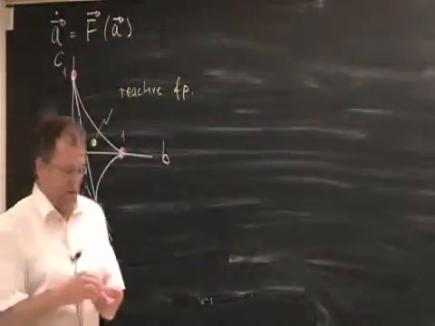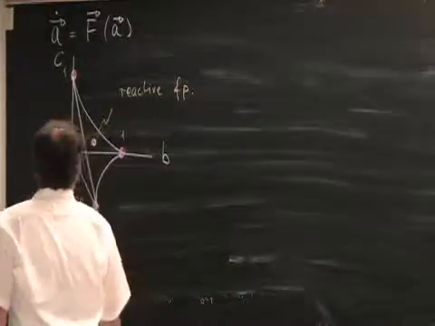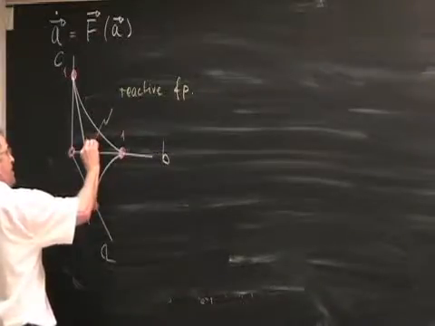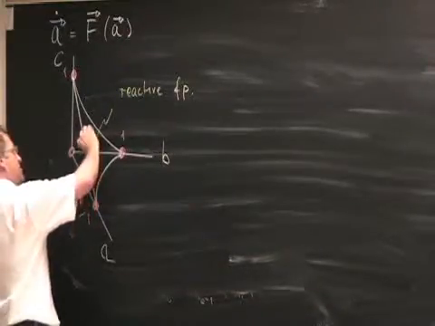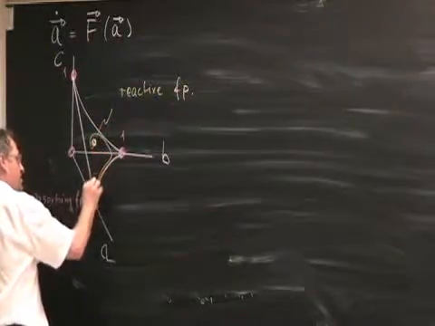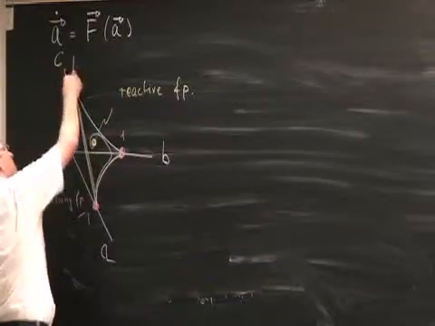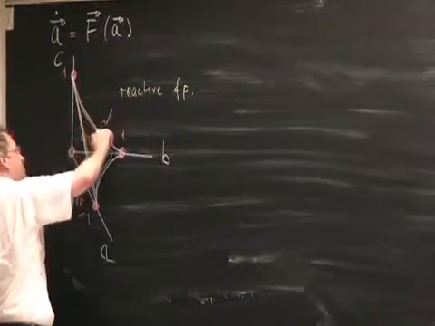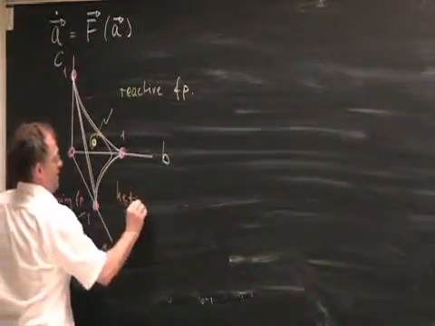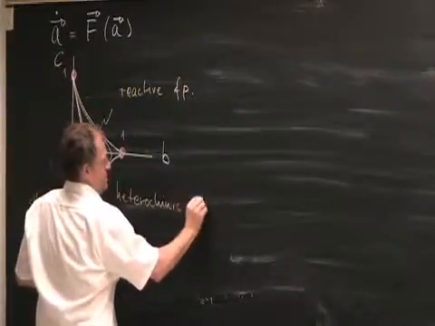A typical trajectory on this invariant manifold looks like that. The fixed point here is unstable. The trajectory spirals out, goes to the boundary, and then moves from one absorbing fixed point to the other in what is called a heteroclinic orbit.